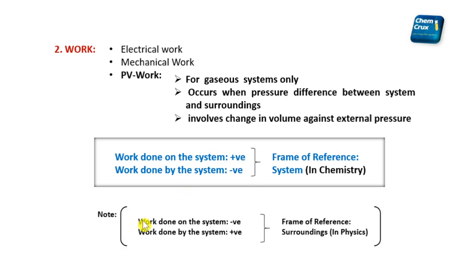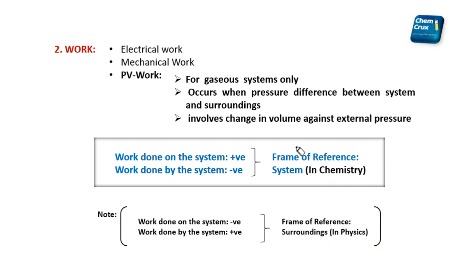So to note, we have work done on the system is negative in physics, whereas work done by the system is positive in physics. Also, the frame of reference is different, right? The frame of reference that is used in physics is surroundings.